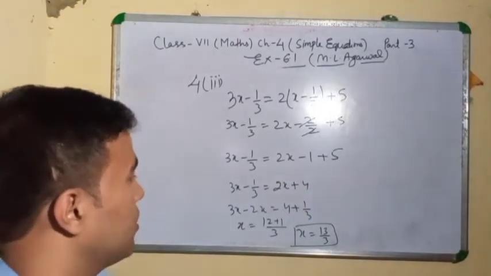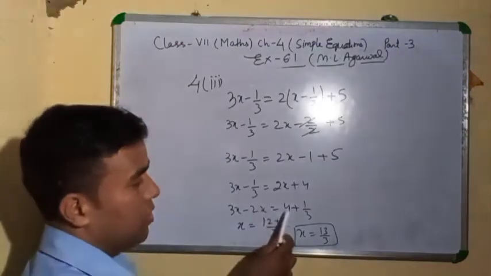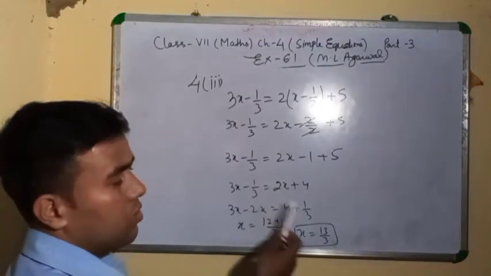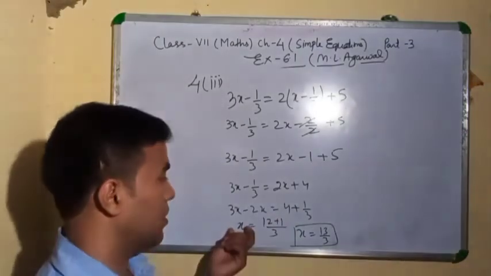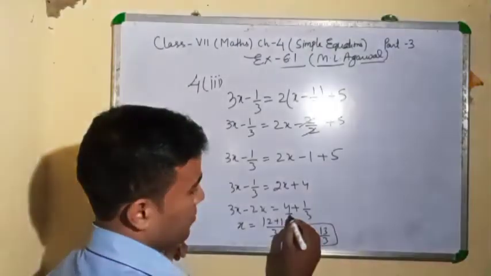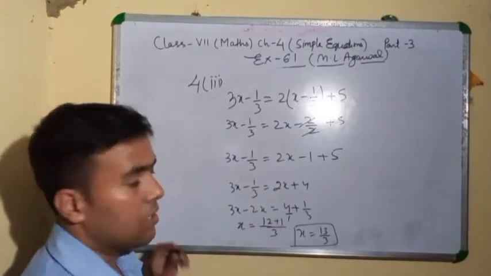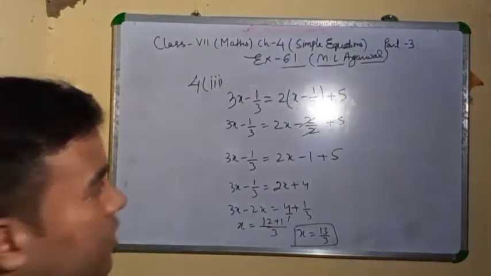Then 3x minus 2x, here we will write, minus 1 by 3 equal to 4, minus 3x, there we will write plus 1 by 3. X equal to, LCM you will take. 3 4s are 12 plus 1, 13 by 3. Verify.